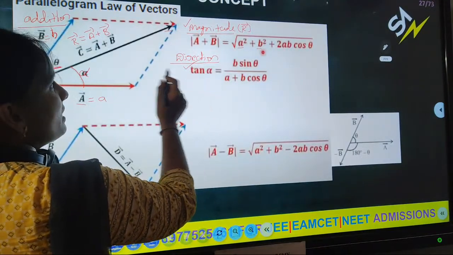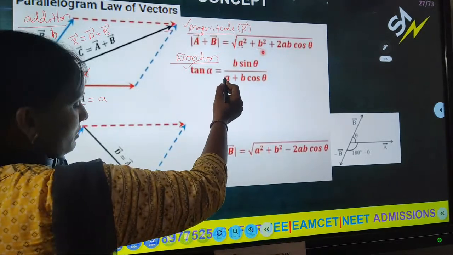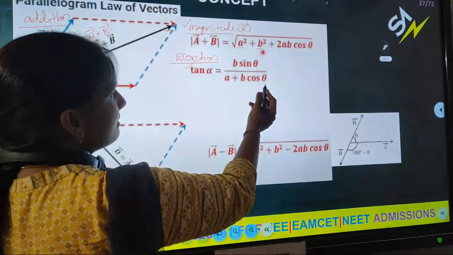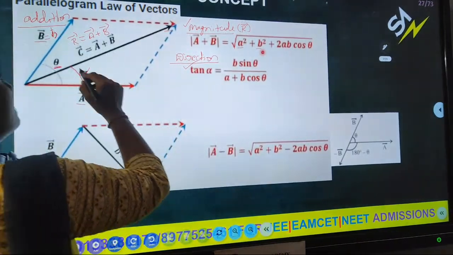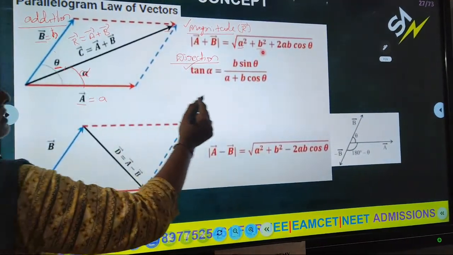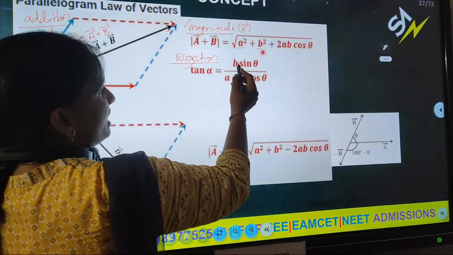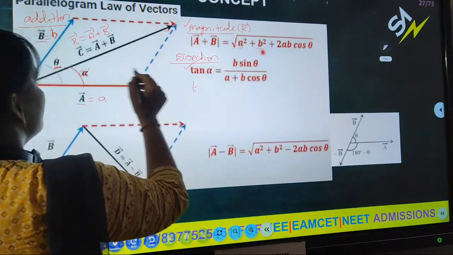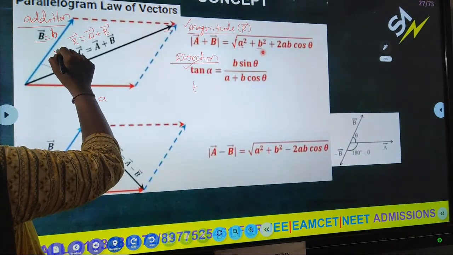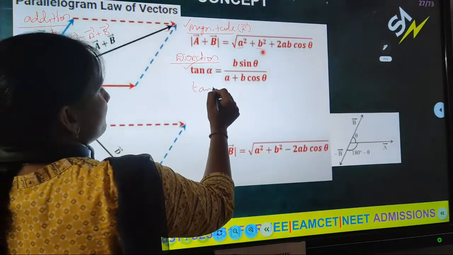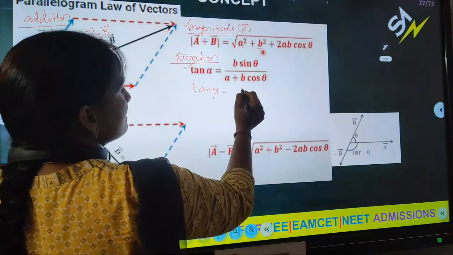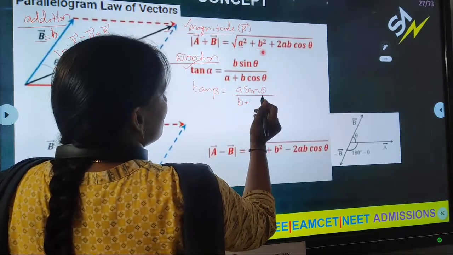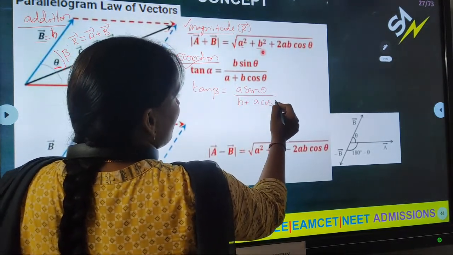So tan alpha will be equal to B sin theta by A plus B cos theta. You can take the angle with the vector B also. These magnitudes will change. Here we get A sin theta by B plus A cos theta, if you take this angle, let us say beta, as the direction of the resultant.